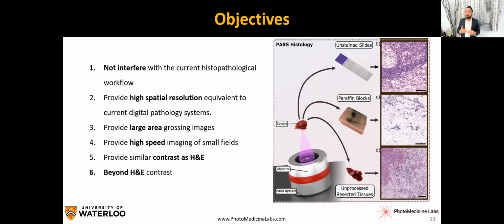And we can actually go beyond H&E because now we can maybe add a lipid contrast or different protein contrast. As I mentioned, H targets cell nuclei, E targets cytoplasm, but what if we add fat and maybe even hemoglobin or other targets and go beyond H&E, which is still very exciting.